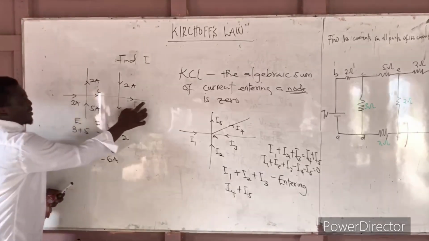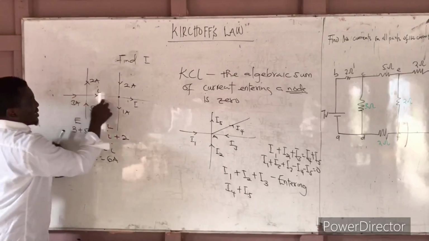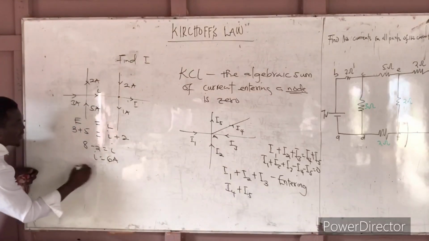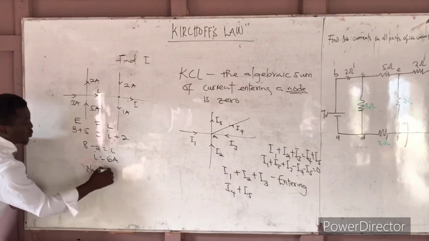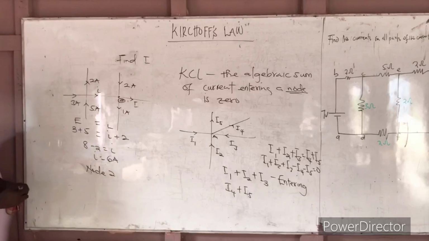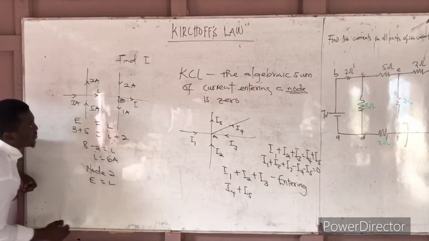After getting the 6 ampere for the small i, now we can come back to this. On this node, you can see that this is entering, this is leaving. So over here, this is node 2. At node 2, current entry must be equal to leaving.